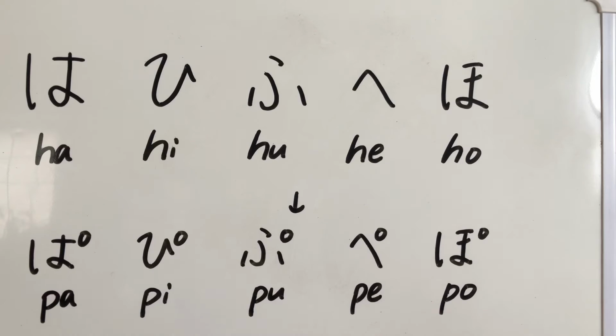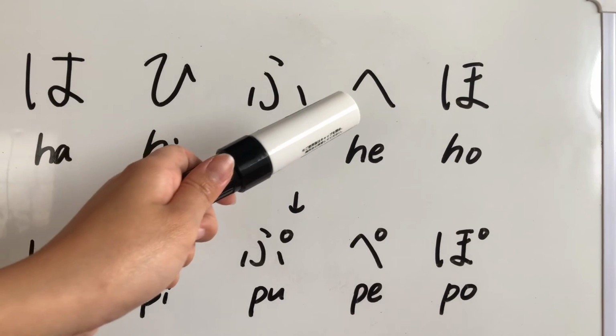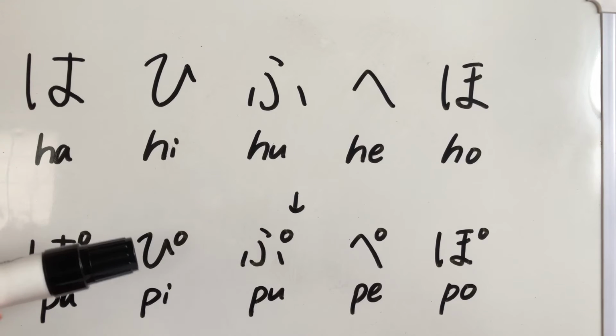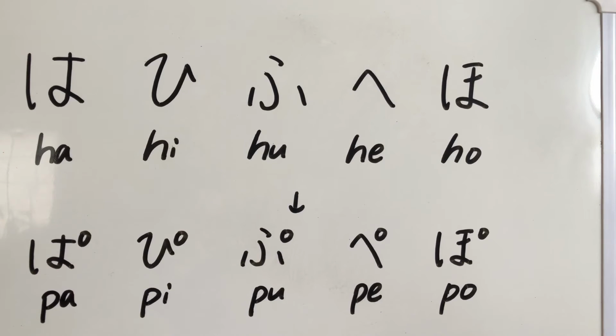Again, we say ha, hi, fu, he, ho, with H sound. And when you have this small circle, that's going to be pa, pi, pu, pe, po, with a P sound.